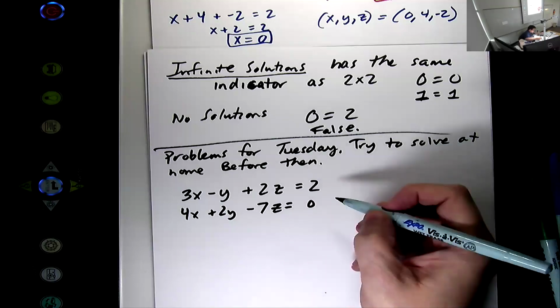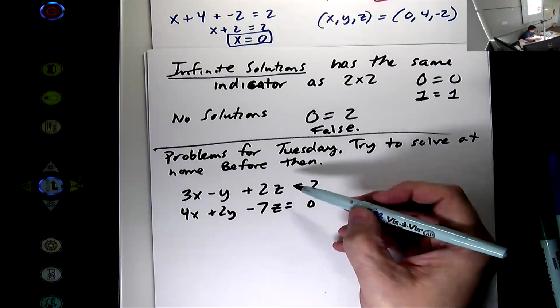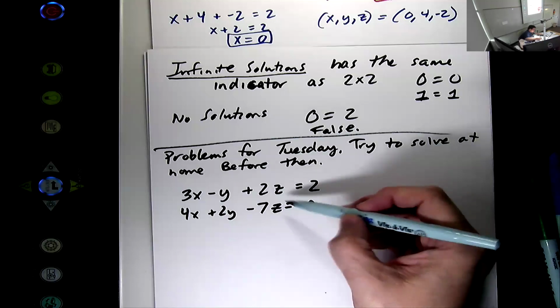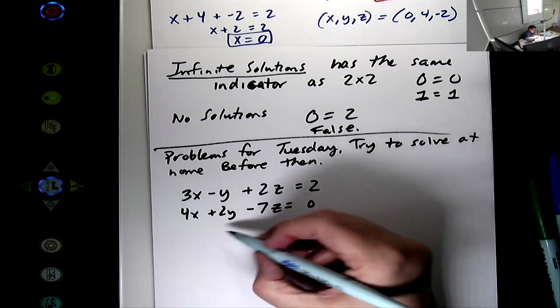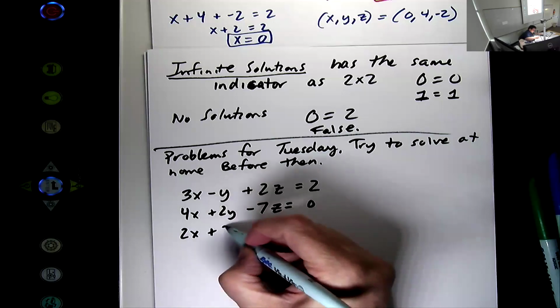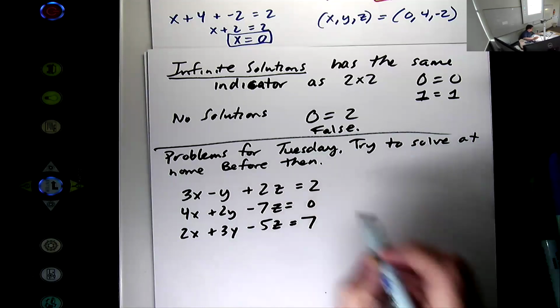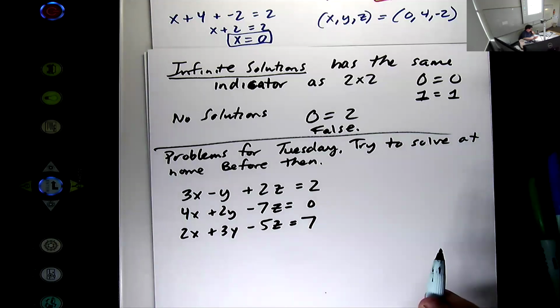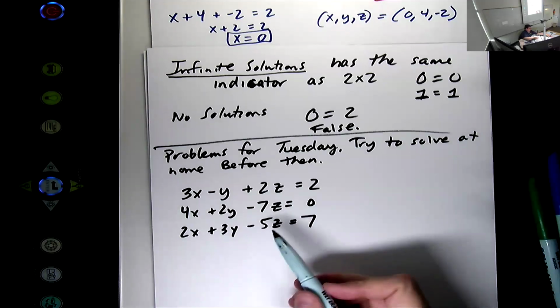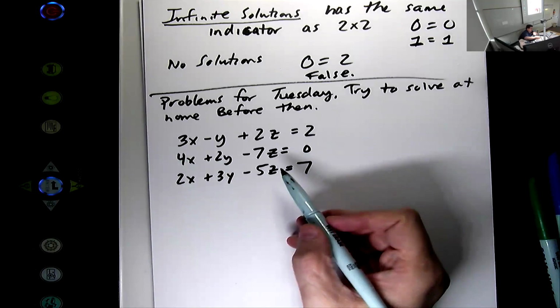Let me make sure I've got all the right values here: 4, 2, -7, 0. And then 2x, 3y minus 5z equals 7. That'll be problem 1 that we'll look at.